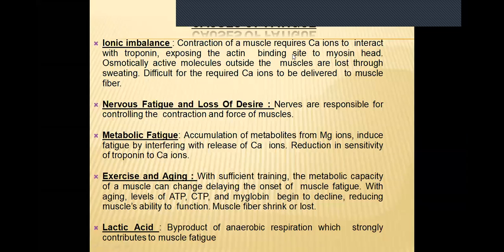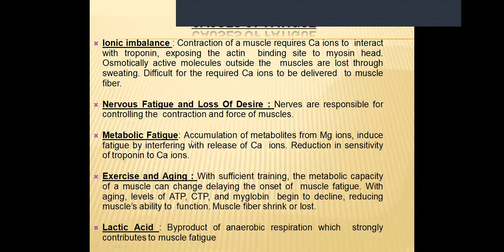So they will get tired easily due to ionic imbalances. And nerve fatigue: nerves also become fatigued, because due to continuous supply of action potentials they become tired. That also results in a delay of the action potential supply. And loss of desire also: when we feel mentally tired, due to that reason also, muscles will get tired.